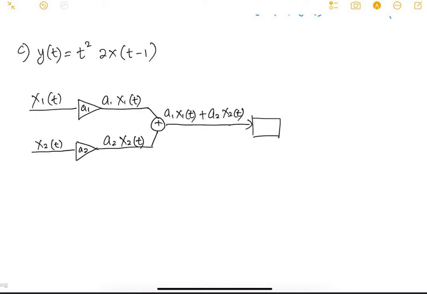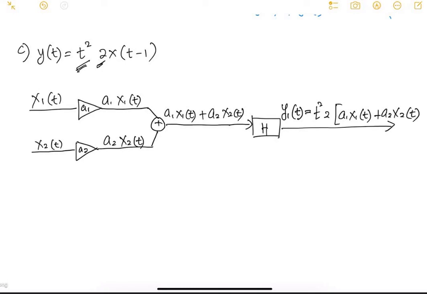Then you insert it into the system H. So what will be the output? Let's say the output is y1(t) equals t squared times a1 x1(t−1) plus a2 x2(t−1).